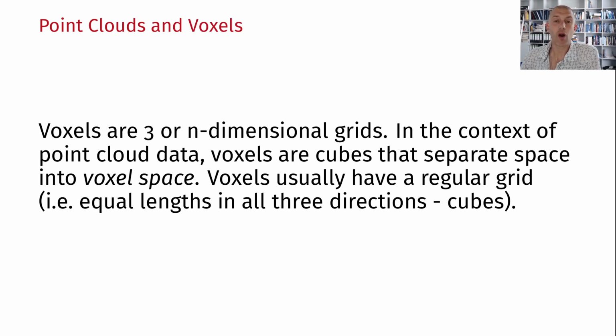Voxels are a way of aggregating points. So you can create kind of a gridded data set for points by voxelizing the data. Voxels are n-dimensional grids, but mostly we use three-dimensional grids, and they have regular grid size. They have regular sizes in each direction, so we are creating cubes.